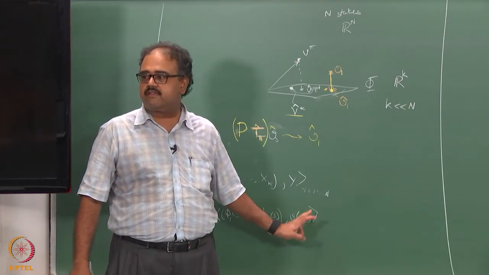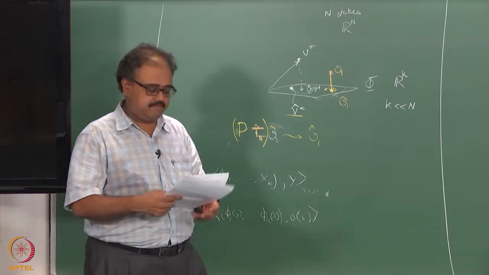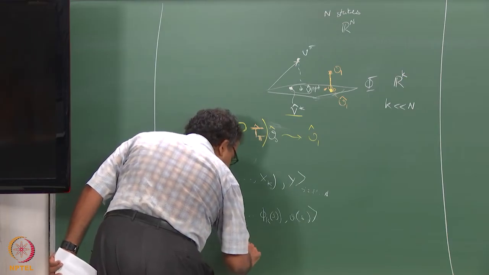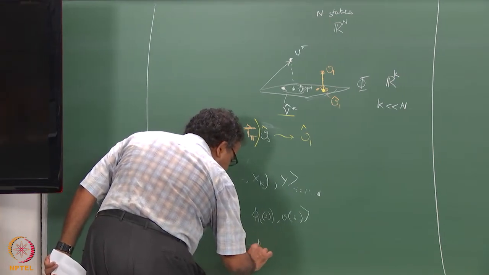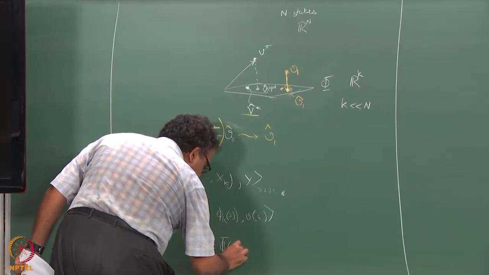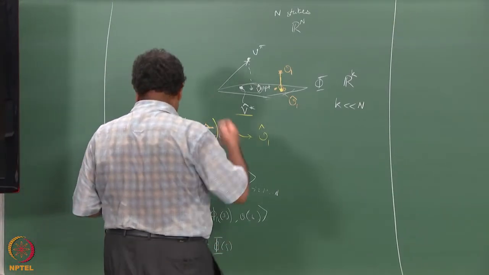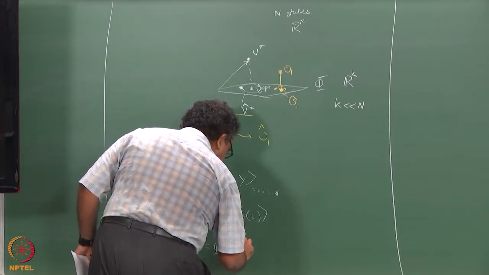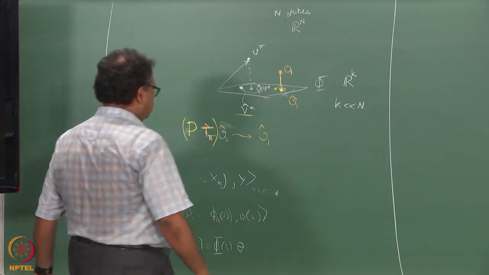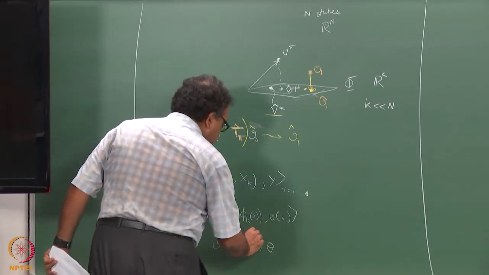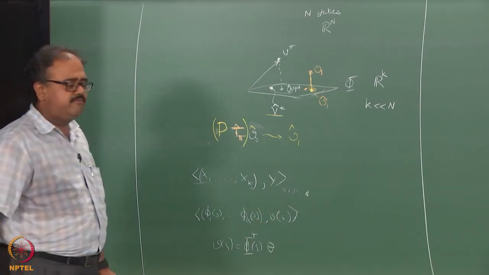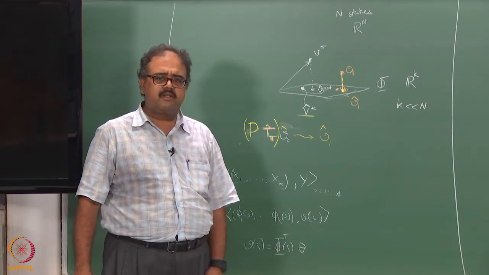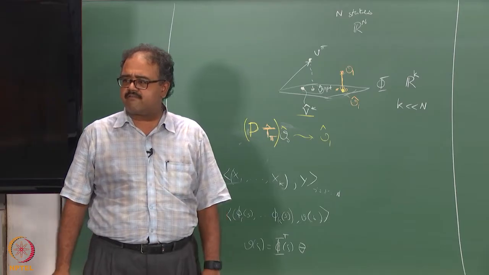So what do we do for V of s? Here I am going to assume that my V of s comes from some phi transpose S into theta, right.